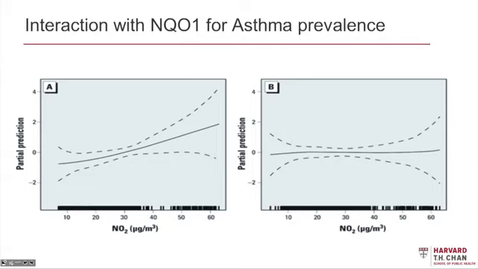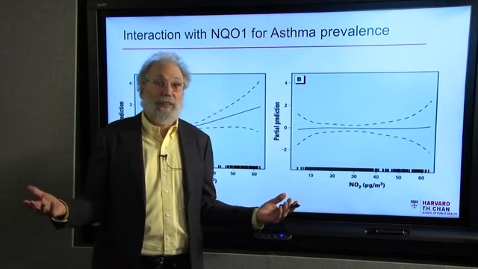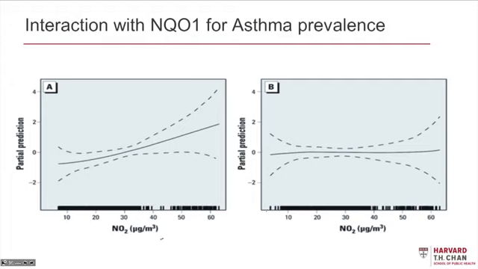So here's an example of that in the real world. This is from the Southern California Children's Study, where they recruited children in elementary school, and they followed them over time. They recruited them in different neighborhoods which had different levels of air pollution. Okay? And what they're looking at is exposure, in this case, to nitrogen dioxide, a substance that Volkswagen is sometimes associated with, and asthma prevalence in the neighborhood where these people lived. Okay?